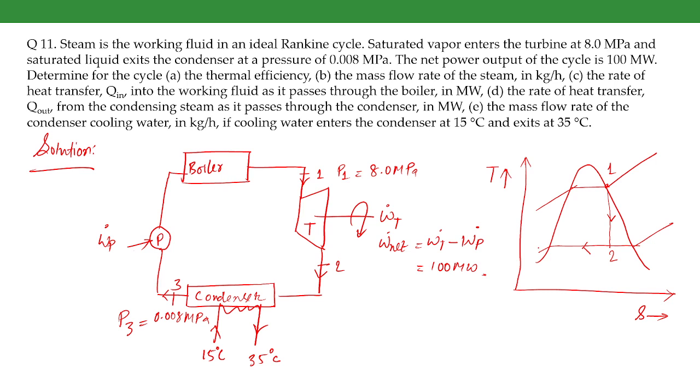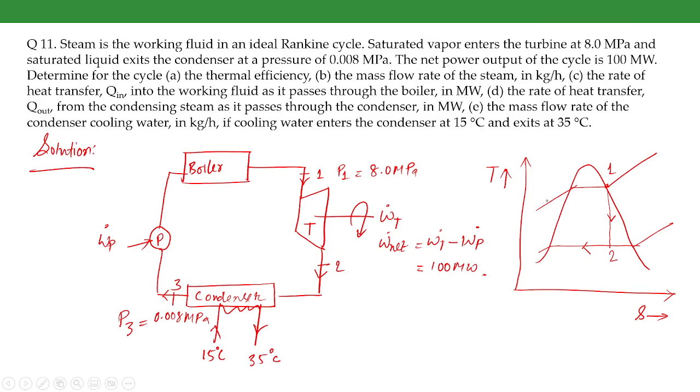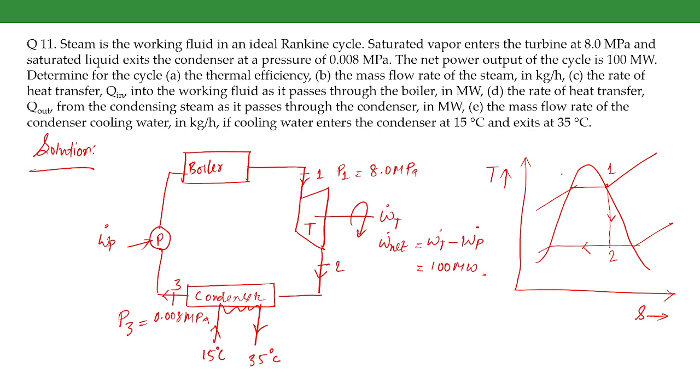Then it exits the condenser as a saturated liquid, and then the pump pressurizes it to the boiler pressure at state point 4. So this is the ideal Rankine cycle.